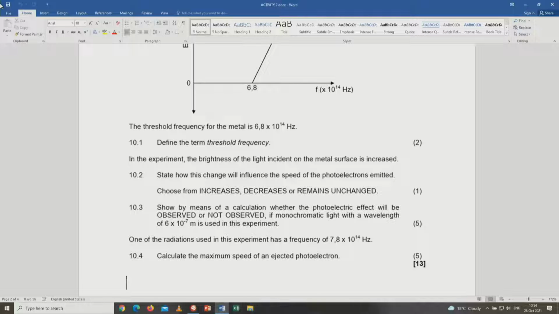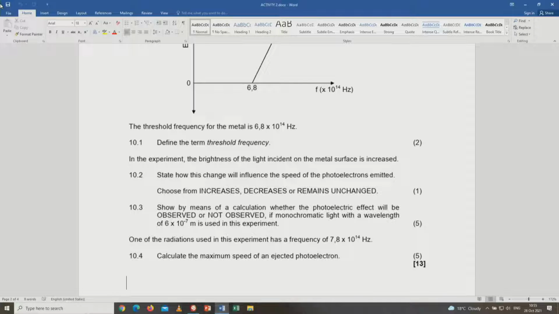So what then do we do with this? We calculate the frequency. Frequency can be calculated if you have the wavelength, using c equals f multiplied by lambda.